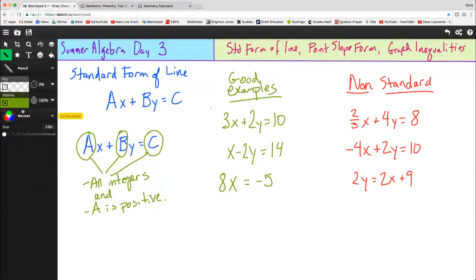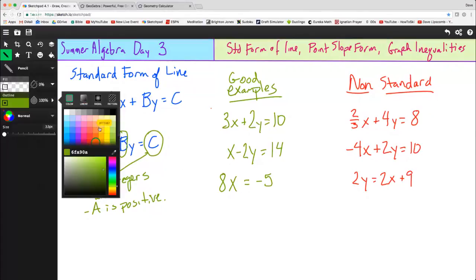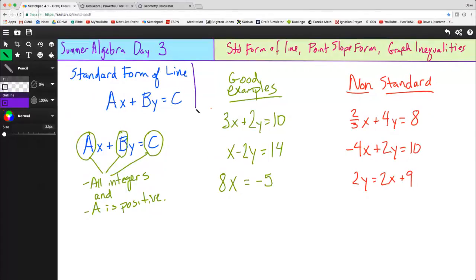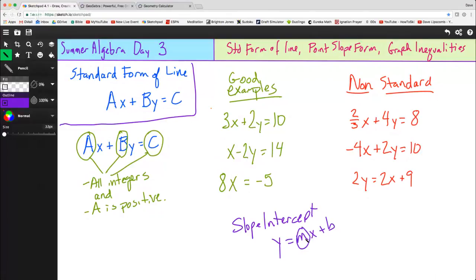of a line. So let's look here at the standard form of a line. We know that there's a slope-intercept form, and the slope-intercept form looks like this: y equals mx plus b, where m is the slope and b is the y-intercept.